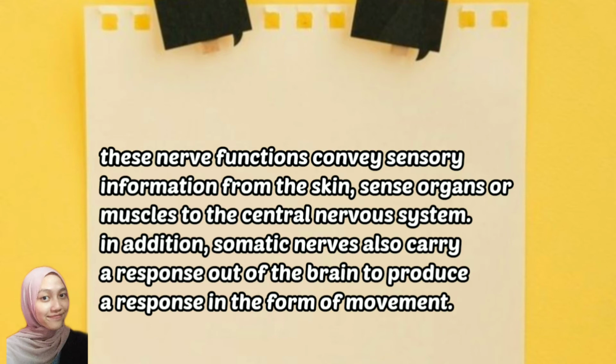This nerve conveys sensory information from the skin, sense organs, or muscles to the central nervous system. In addition, somatic nerves also carry a response out of the brain to produce movement.